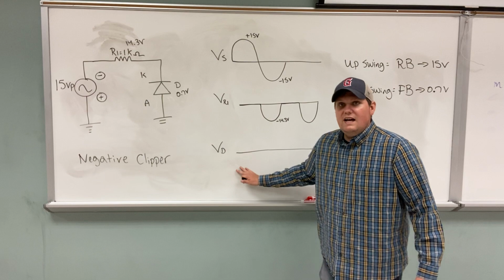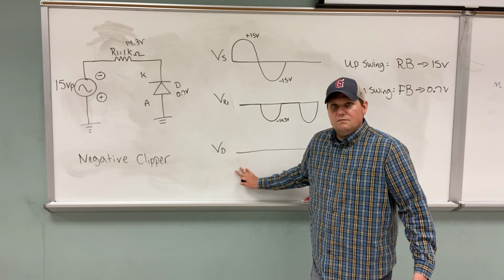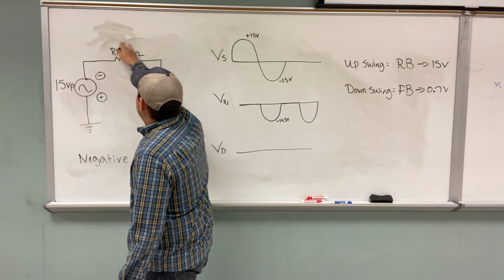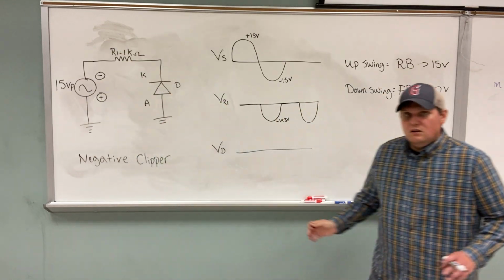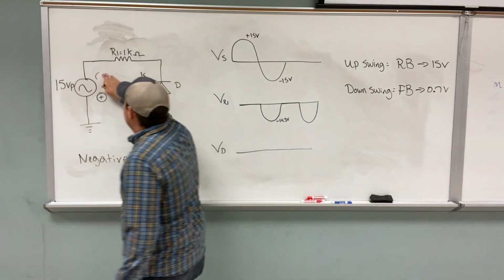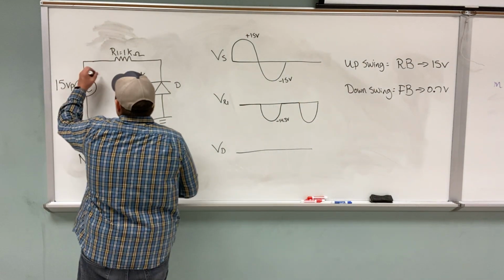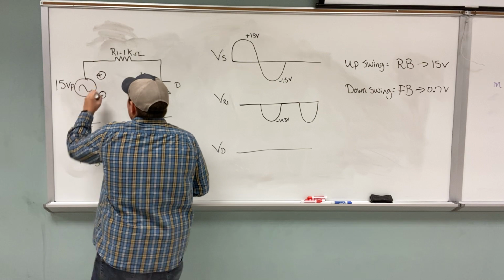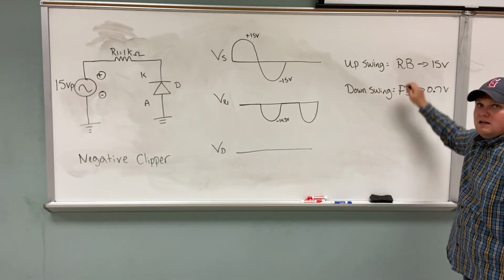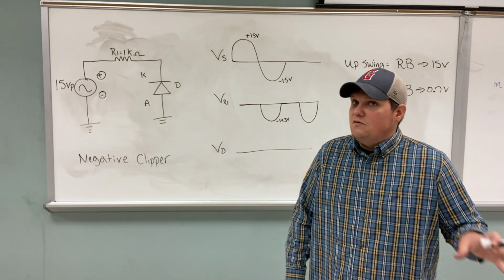So what do you think the diode's going to look like? So if I'm looking primarily at the diode, on the upswing, what is it? On the upswing, it is reverse bias. What does a diode read when it's reverse bias?